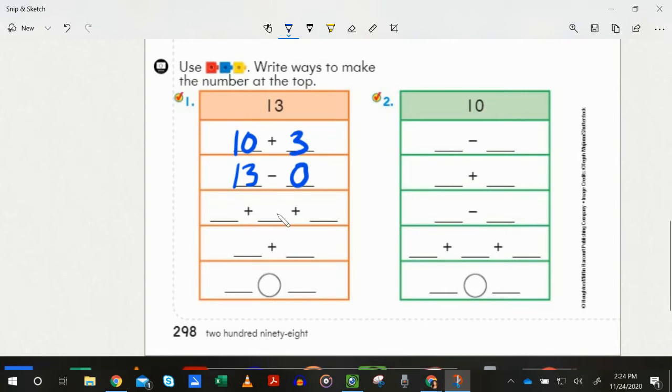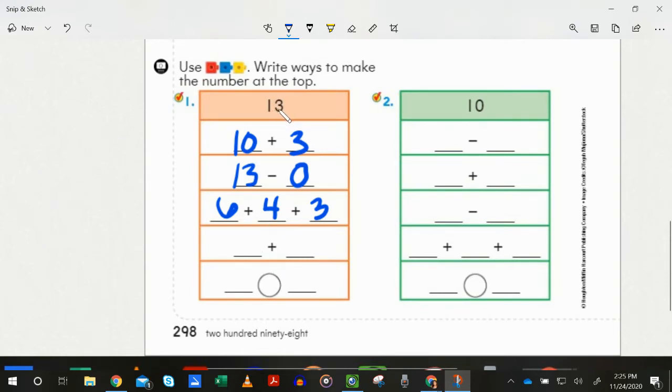Now it wants me to use 3 addends to make 13. Well, I already determined that 10 plus 3 can make 13. Can I make 10 a different way? Break that 10 apart into 2 addends? What's a 10 buddy? How about 6 and 4? 6 and 4 make 10, and then I would still need that 3 to bring it up to 13. Okay, another fact to make 13.